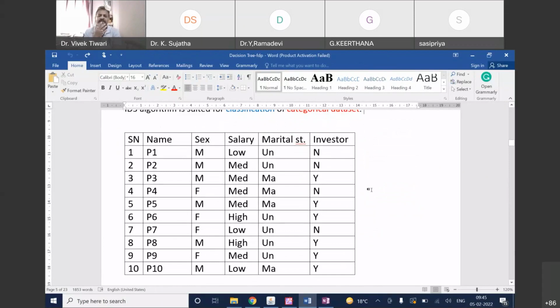So suppose this data set is given to us: name, gender, salary, and marital status are given as input parameters, and we have investor yes/no as the target variable.